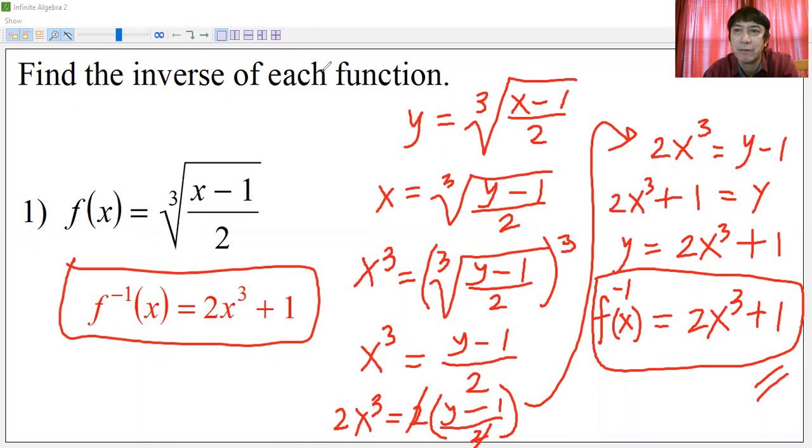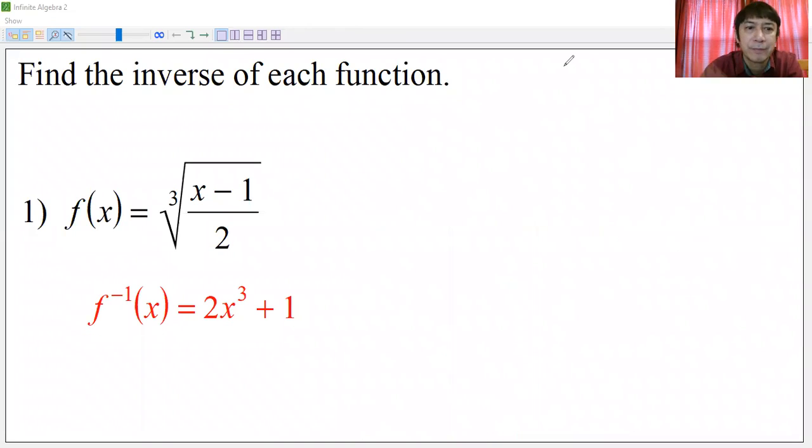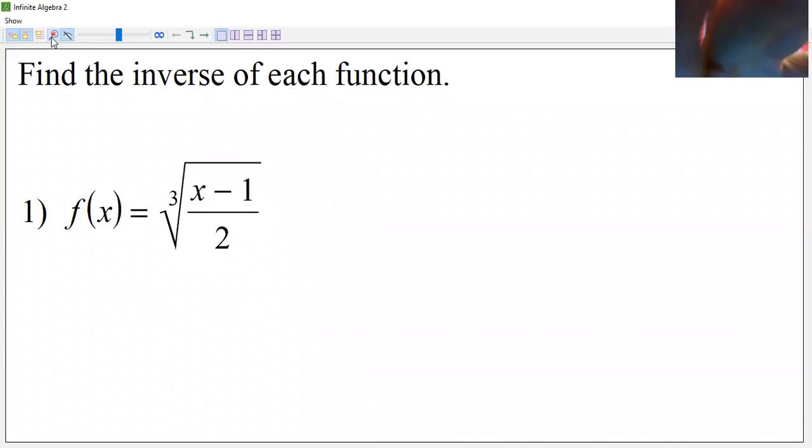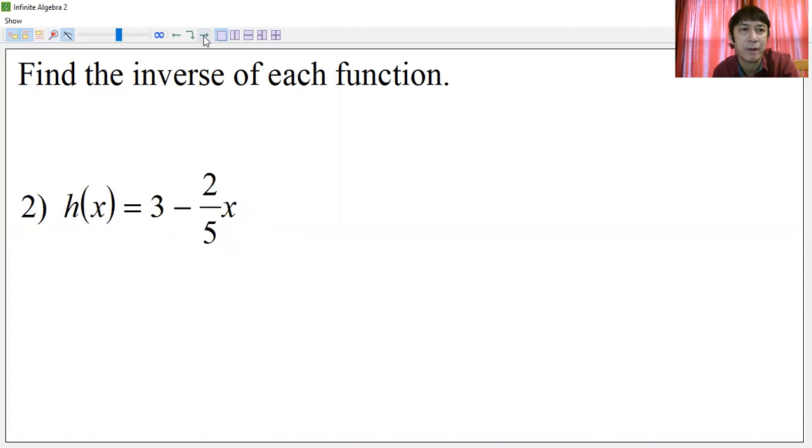Okay, so let us have the second question. Find the inverse of each function. Here's number 2. The given function is h of x equals 3 minus 2/5 x.